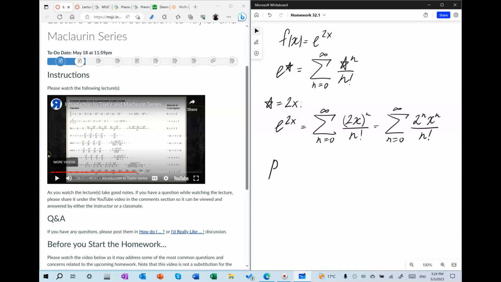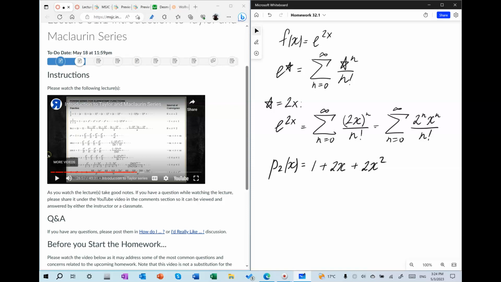To obtain the Maclaurin polynomial of degree 2, we just have to evaluate this for n equals 0, 1, and 2. So when n equals 0, we get 1. When n equals 1, we get 2x, and when n equals 2, we get 4 divided by 2 factorial, which is 2.